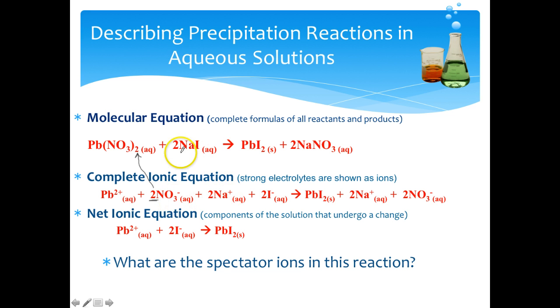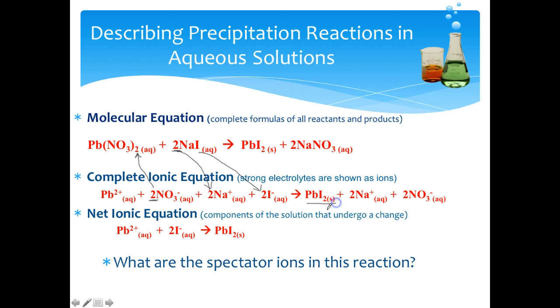Same thing happens over here with the sodium iodide. There is a 2 as a coefficient, which translates down here, meaning that there are 2 sodium ions and there are 2 iodide ions. Okay?